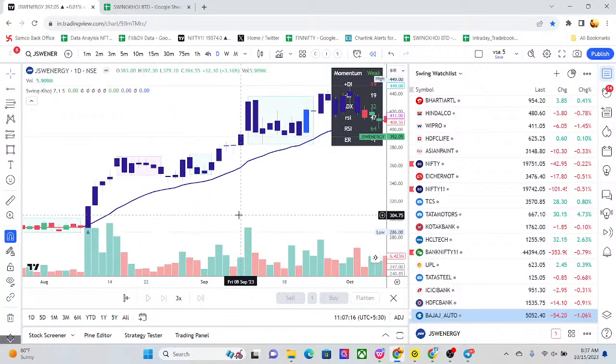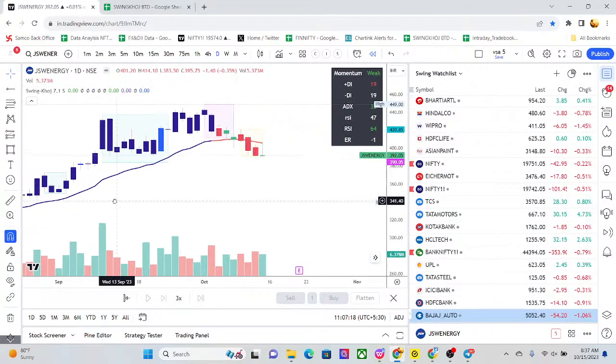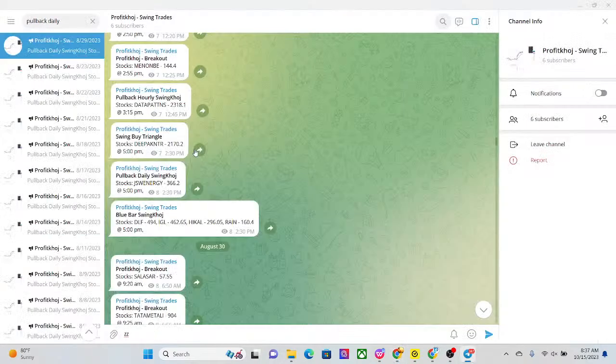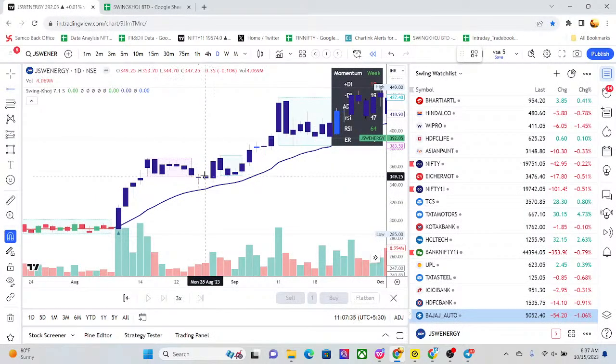So here we get entry. For simplicity, what you can do is mark the high of this candle. This is 29 August. Mark the high of that candle and enter the next day.